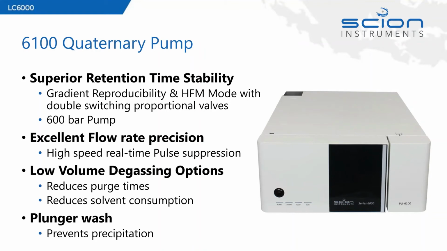The degasser that we have built in is a low volume degasser, which just means we need to use less volume of solvent to completely remove the air from the system. So obviously it means we can use less solvent, which is cheaper for the customer, but it also reduces the amount of purge time that we need when replacing the different solvents in the HPLC.